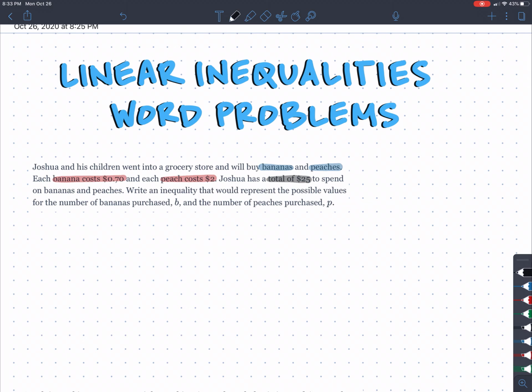So the first thing we want to do is we always want to come up with our labels. So we're going to say that B is equal to bananas. We're going to say P is equal to peaches.